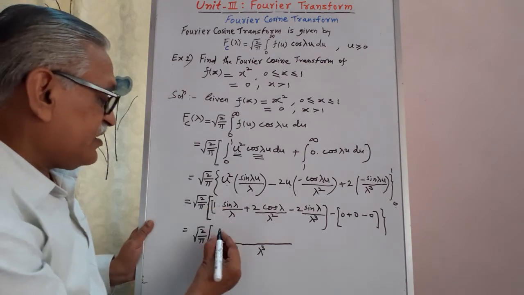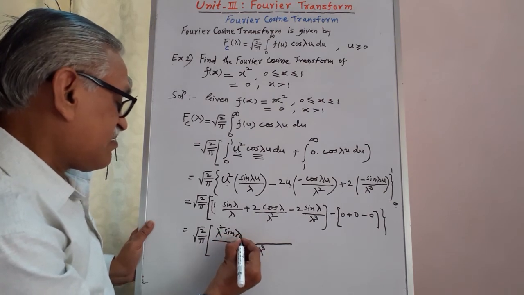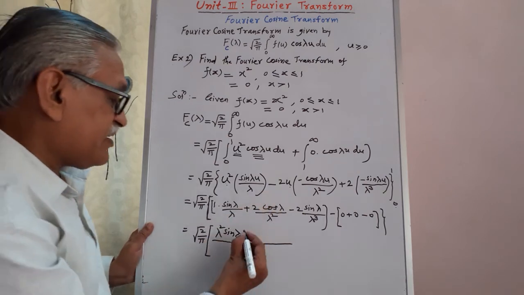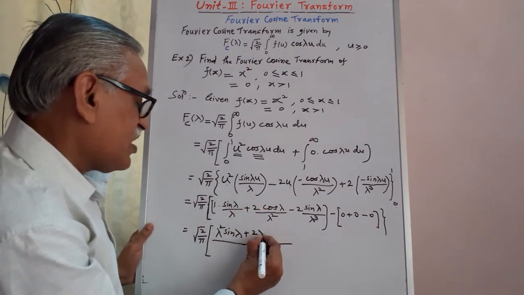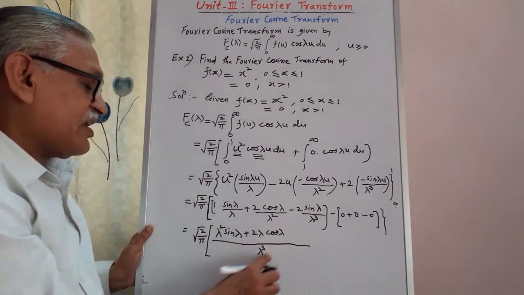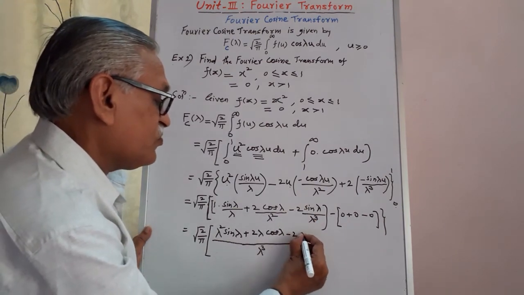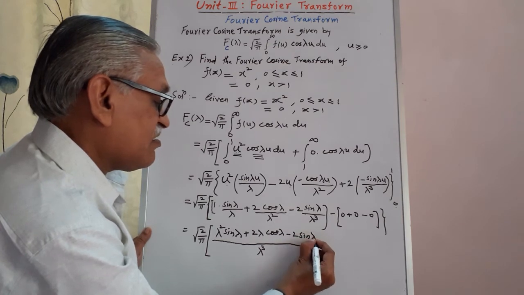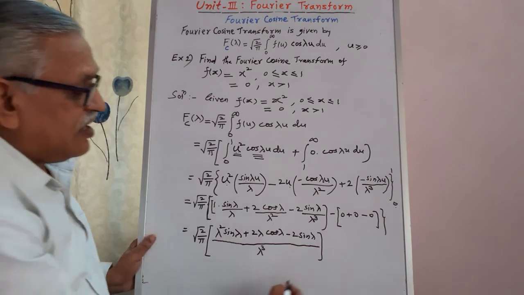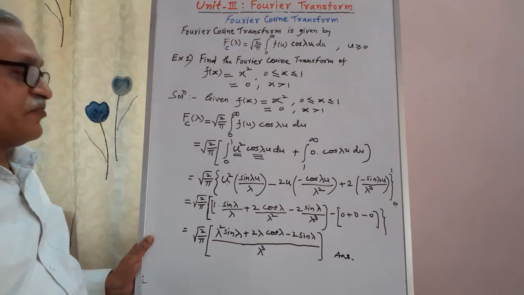Multiply by that we get here lambda square sin lambda. Dividing by lambda square, lambda remains. Multiplying by that we get 2 lambda cos lambda. Dividing by lambda cube, 1 remains. 1 into this we get minus 2 sin lambda, and divided by lambda cube is the required Fourier cosine transform.